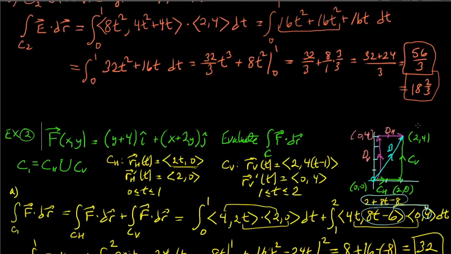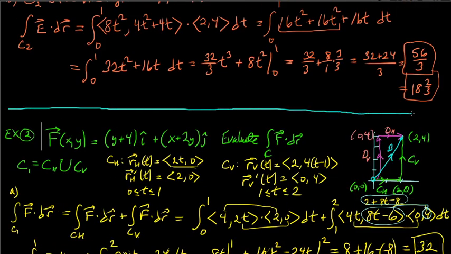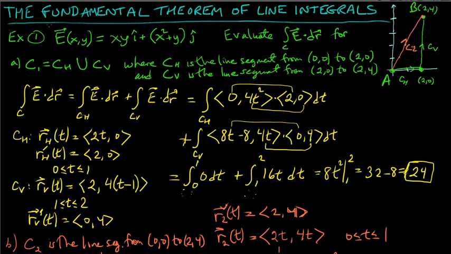Okay. So obviously there's a big difference here between the two vector fields we had. So here's the vector field E, which I will copy as well.